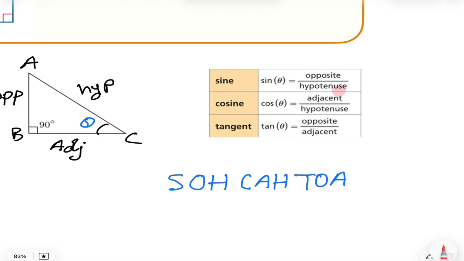Another one, cosine. If we have adjacent and hypotenuse, then you could write cos theta equals adjacent over hypotenuse. And if you have only opposite and adjacent, these two sides, then you could write tan theta equals opposite over adjacent.